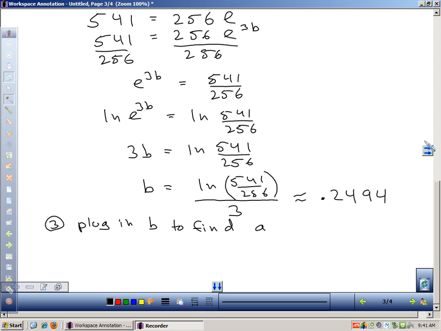So my original equation says that a equals 256 e to the minus 2 times 0.2494.